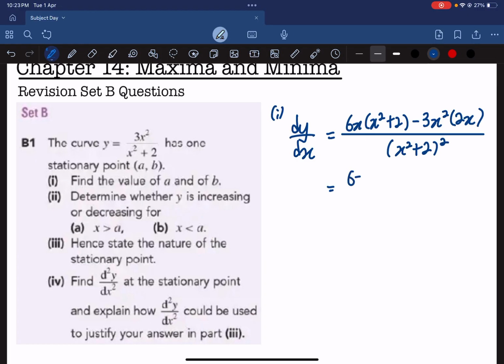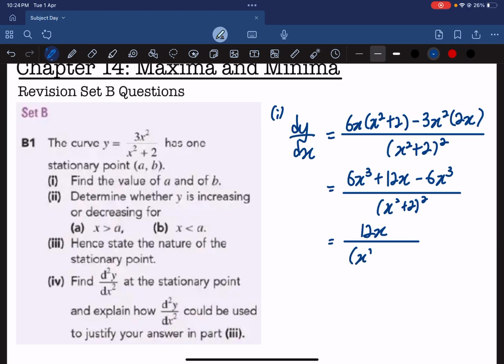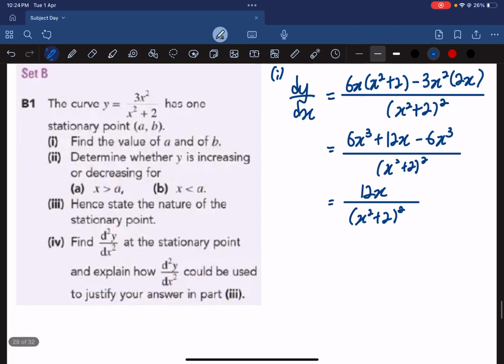I should get 6x cubed plus 12x minus 6x cubed over x squared plus 2, the whole thing squared. The final answer should be 12x over x squared plus 2, the whole thing squared. So therefore, to find the stationary point, let dy over dx be equal to 0.